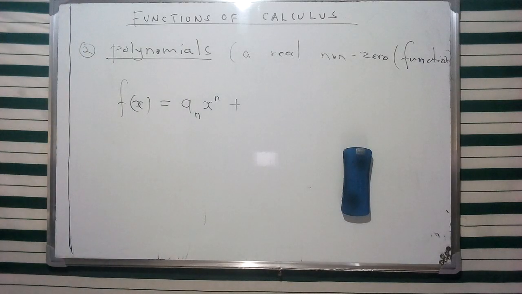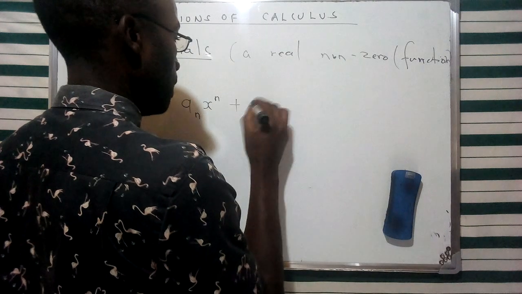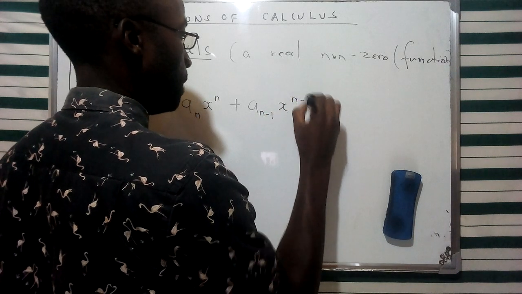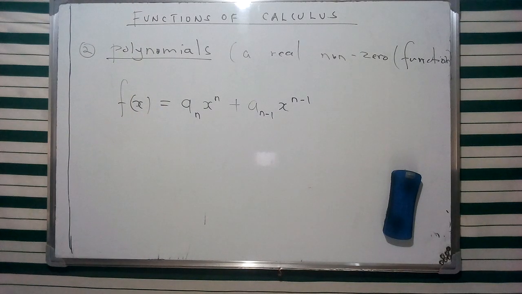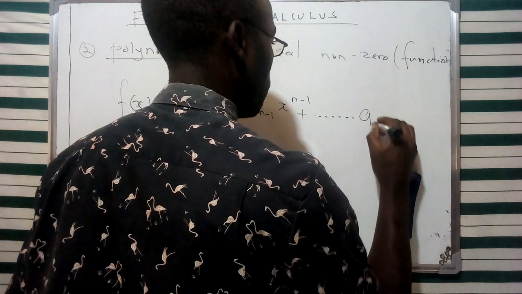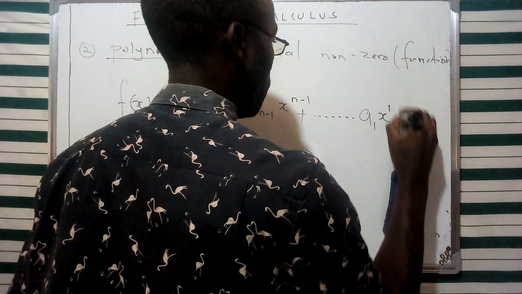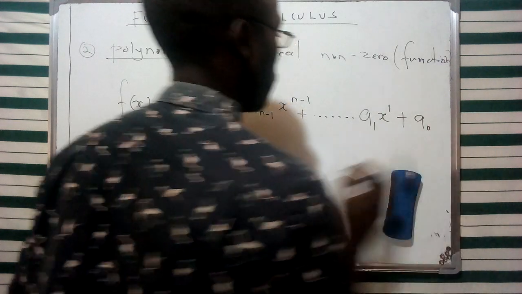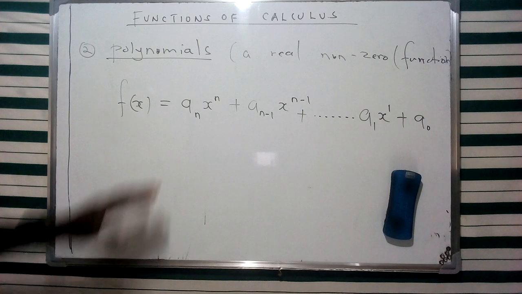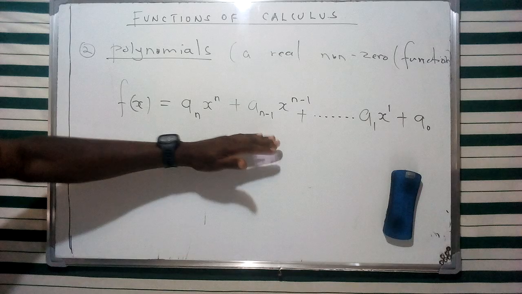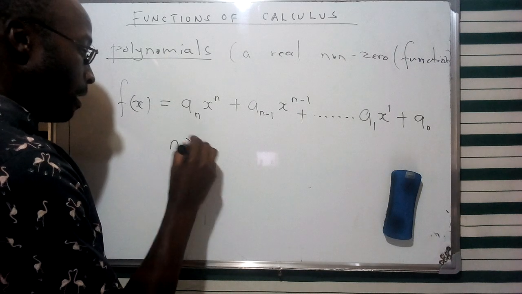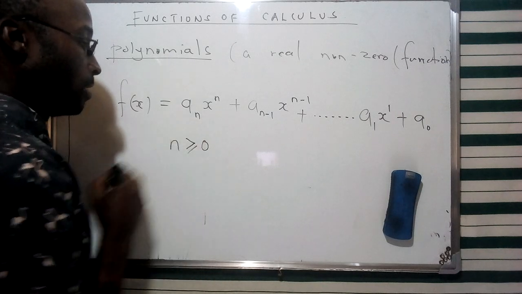Then we're going to have the coefficients and the powers decreasing in a particular order, extending to a term a_1 x raised to power 1, and then the last term is going to consist of the coefficient a_0. In this expression for a polynomial, the numbers we're giving as n are going to be numbers greater than 0.